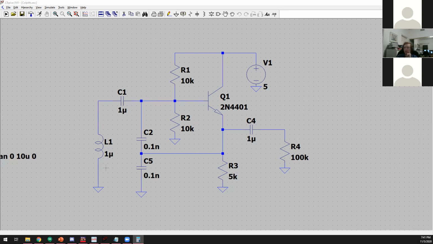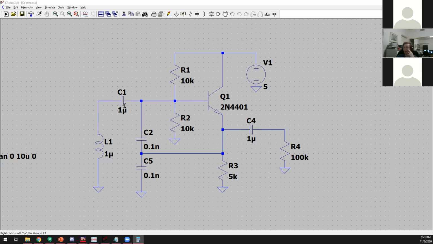And remember that inductors are short circuits at DC. So at DC, this base would be 0 volts. So in order for this transistor to turn on, we need this capacitor there, and that allows us to DC bias and set the base voltage to something non-zero. And I made this 1 microfarad. So it's basically the same thing as the coupling capacitors we had with the common emitter amplifier. All it's doing is acting as a short at AC frequencies and open at DC.